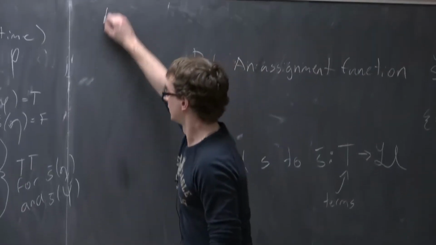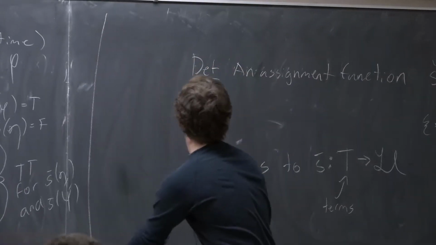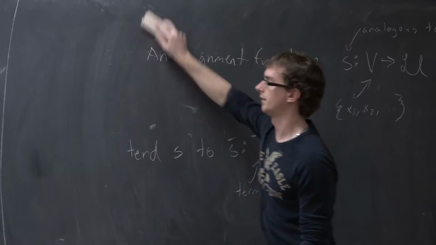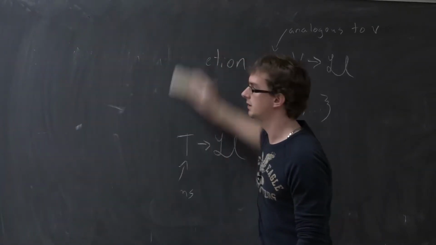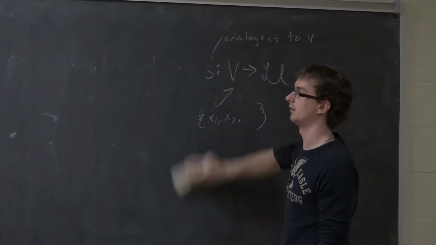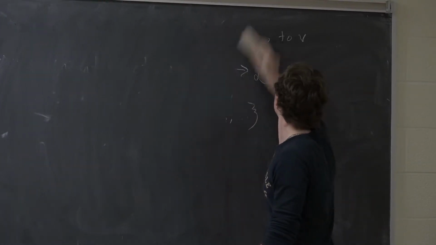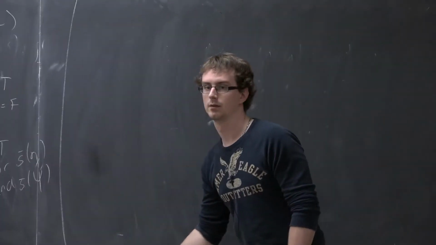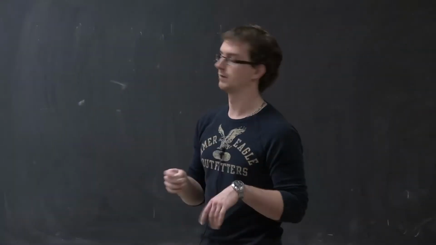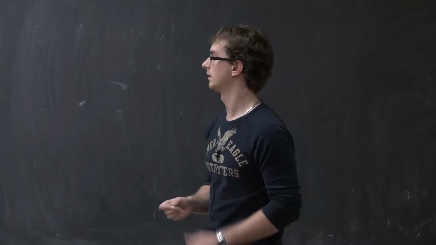Where things start to get more tricky is when we have to handle these quantifiers. The remaining two cases are when we can write phi as something that involves for all or something that involves there exists.